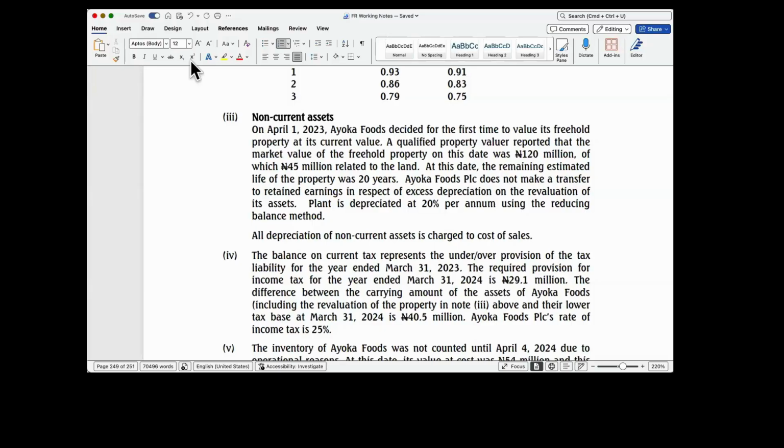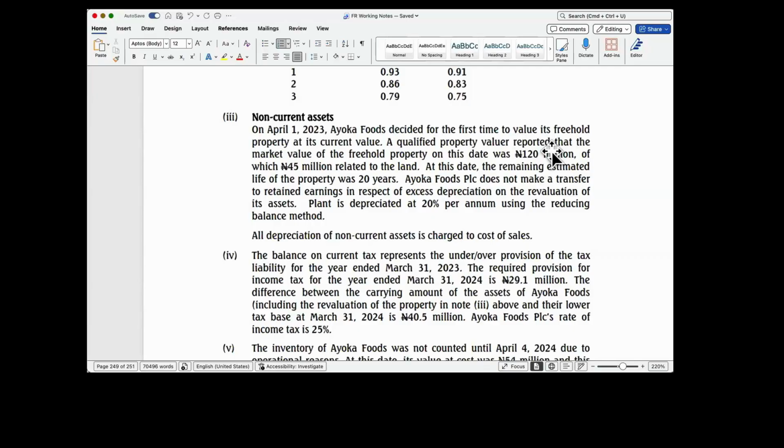Okay, now this is another additional information, and it's talking about two things: revaluation and depreciation. That's all I need to sort here. So I can see from here that at the beginning of the year, I revalued my property to 120 million.